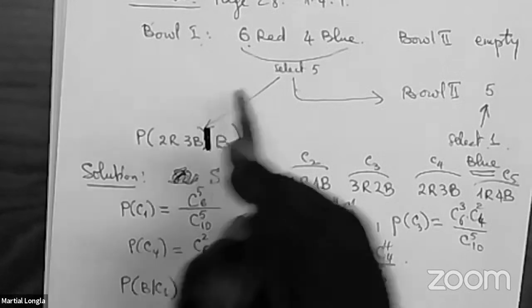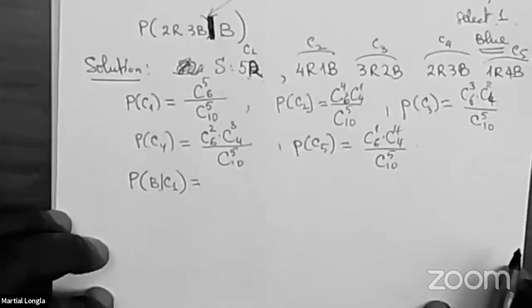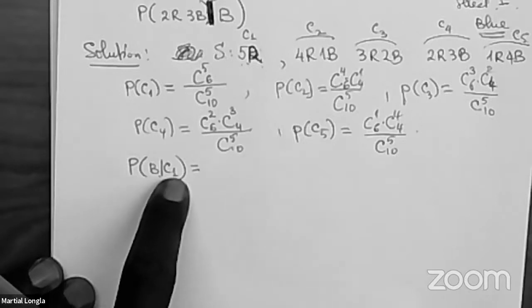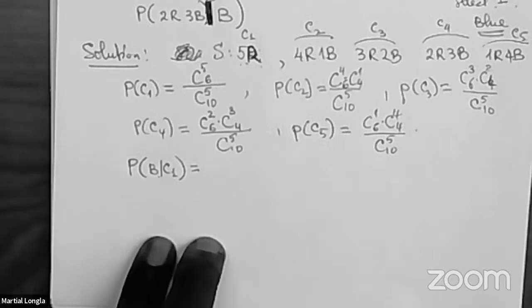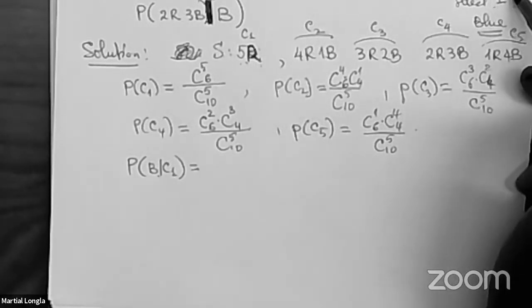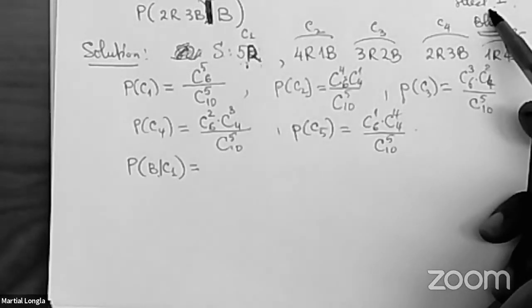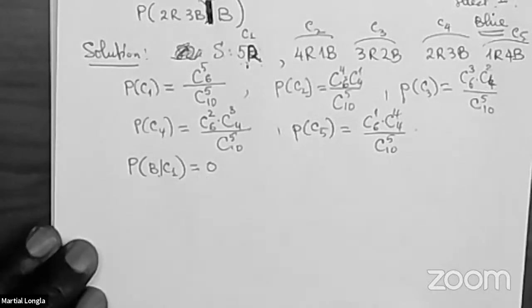If I selected 5 reds to put in ball 2, what is the probability to select a blue from there? 0, because there is no blue there. Do you agree with this? Given C1, we know the sample space now is C1. There are 5 reds there. So the probability is 0.